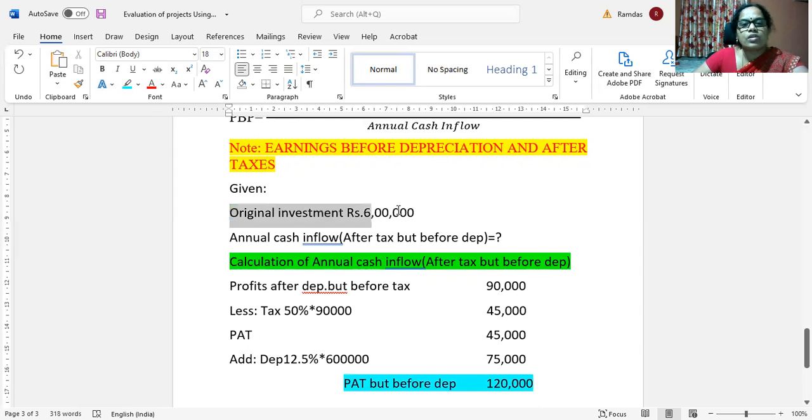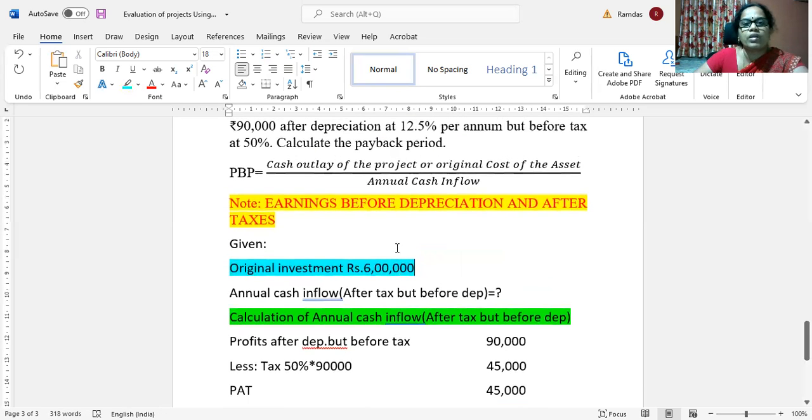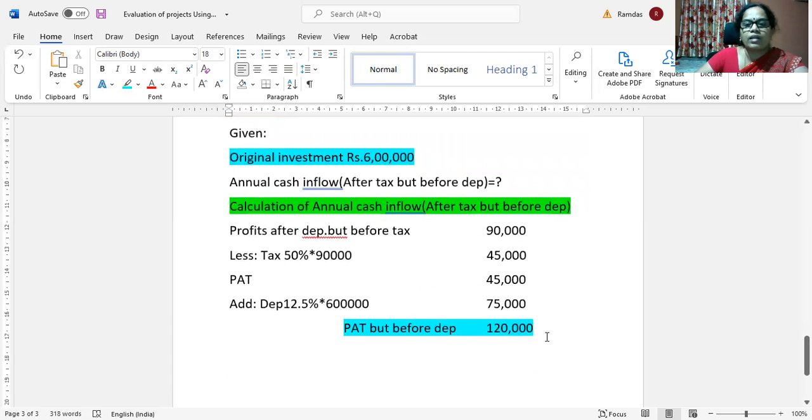So I have the original investment here and the cash inflow. So this is my numerator and this is my denominator. So now I can calculate it. So payback period is equal to original investment 6 lakh divided by annual cash inflow 1,20,000.